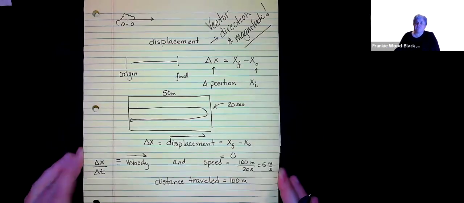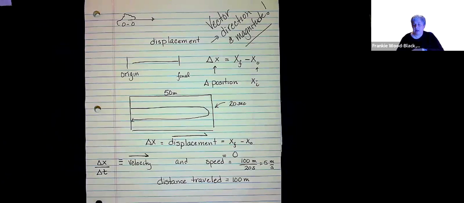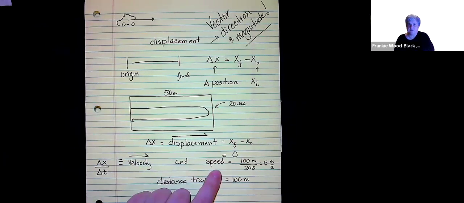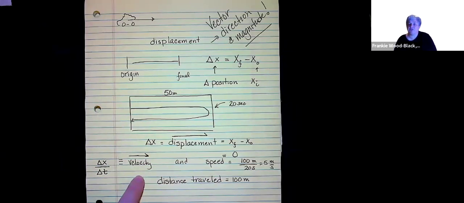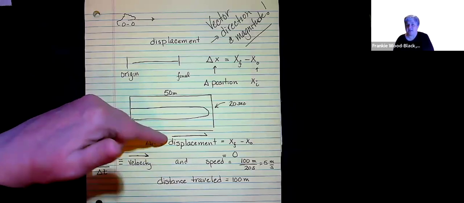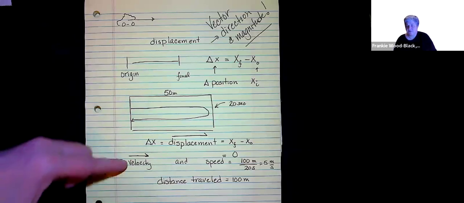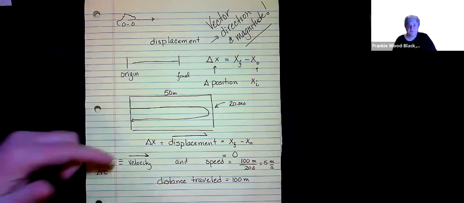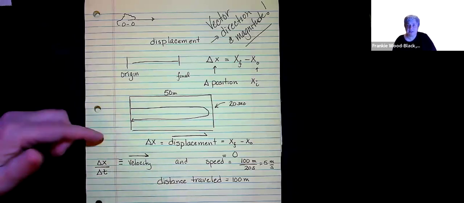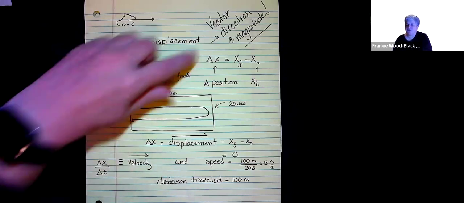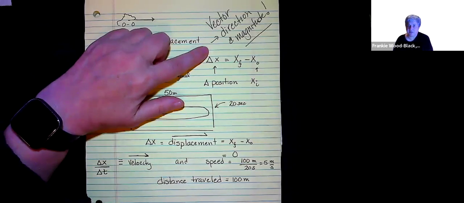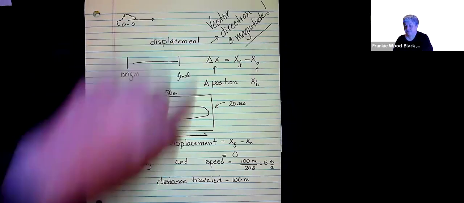So speed doesn't have direction, but my velocity and displacement have direction, and those are going to be vector quantities. Vector quantities are going to be things like displacement, velocity, force, acceleration. All of those things are going to have direction and magnitude.